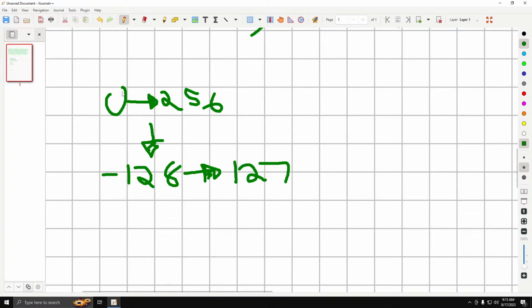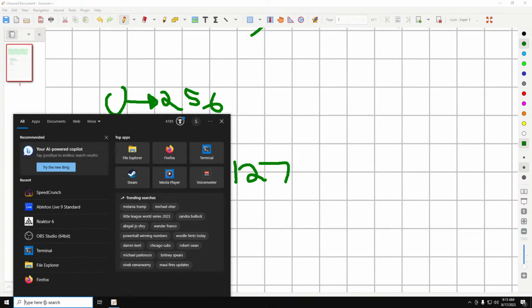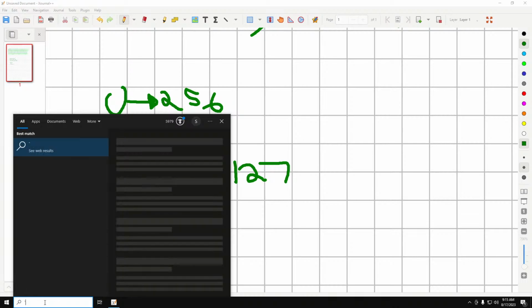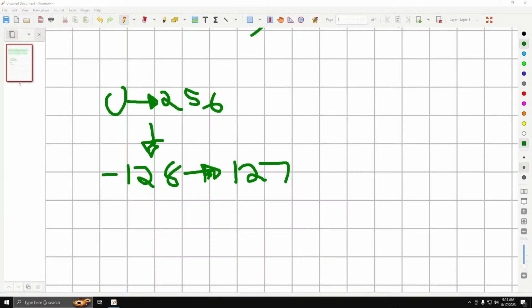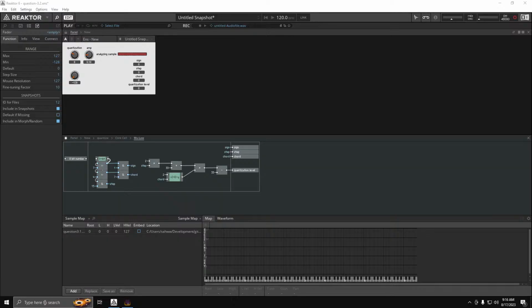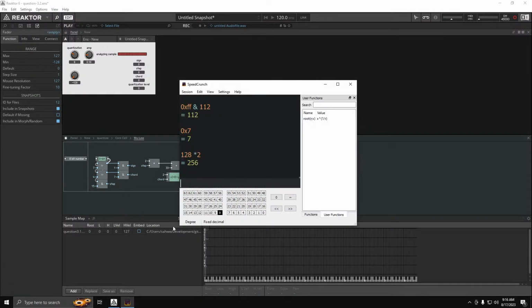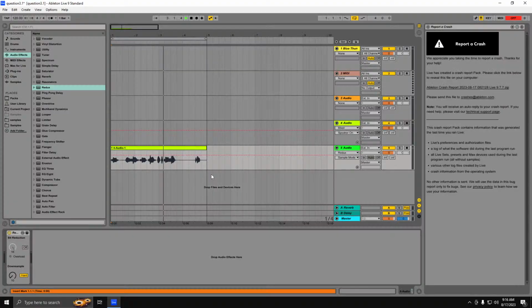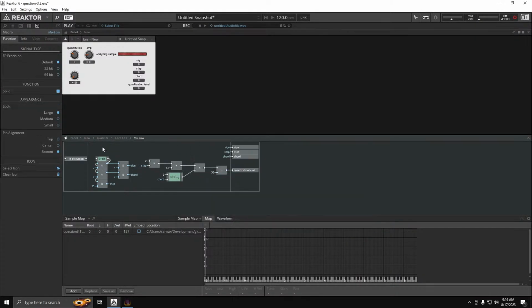Well, what if we just subtract it by 128? So if our input is 0, minus 128, yep. Now let's say we get, okay, that's it. All I have to do is subtract the input by 128.